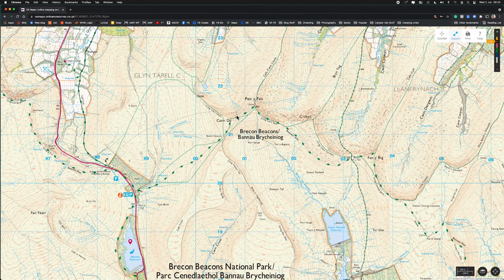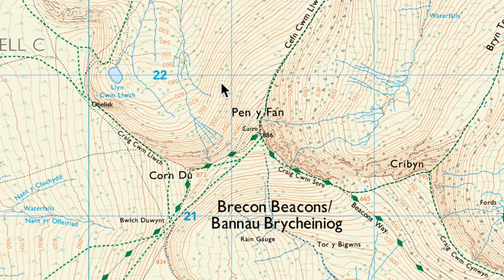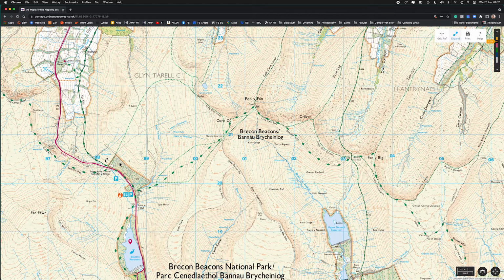We have long-range paths that are marked, and this is the Beacons Way. We have local paths that are marked. We have smaller lakes or tarns. We have things like obelisks that are there. We've got cairns that are there. We've got forested areas, and the forested areas will also give me a different idea of what type of forest and what type of trees are there.